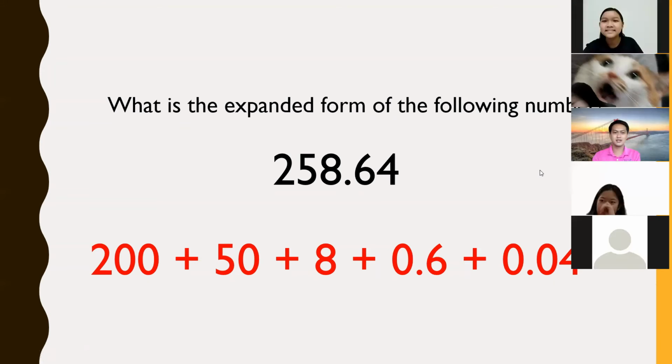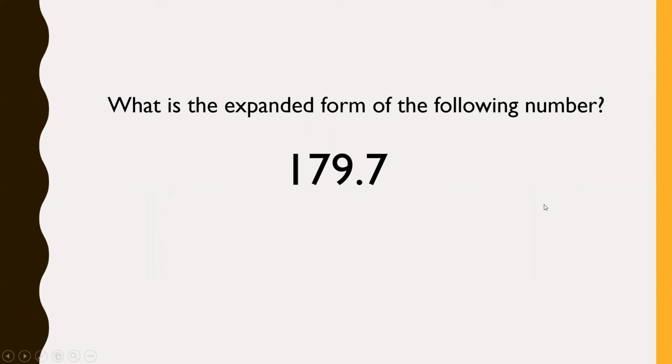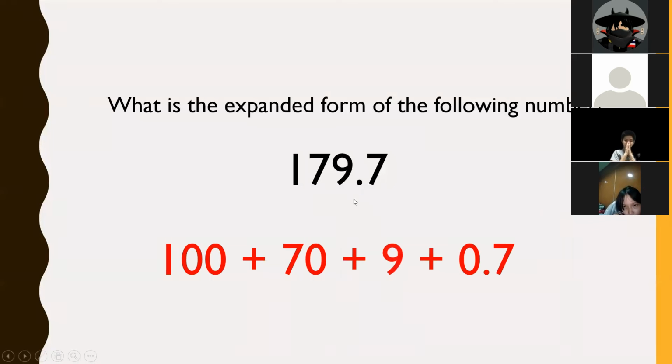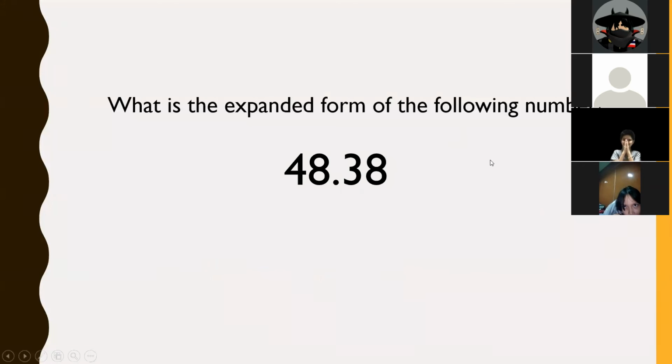Next number. 100 plus 70 plus 9 plus 0.7. Okay, very good. 100 plus 70 plus 9 plus 0.7. Next.